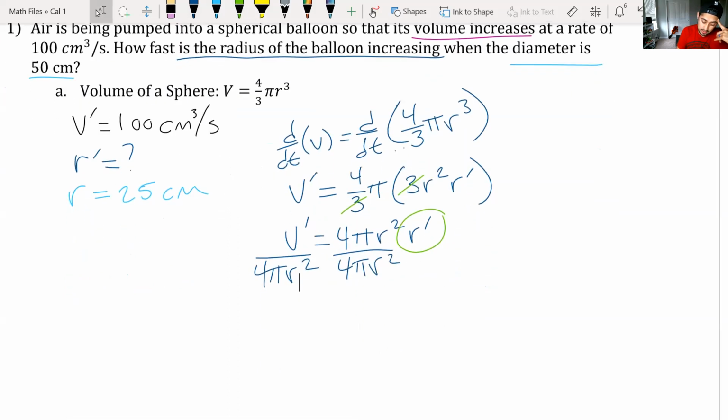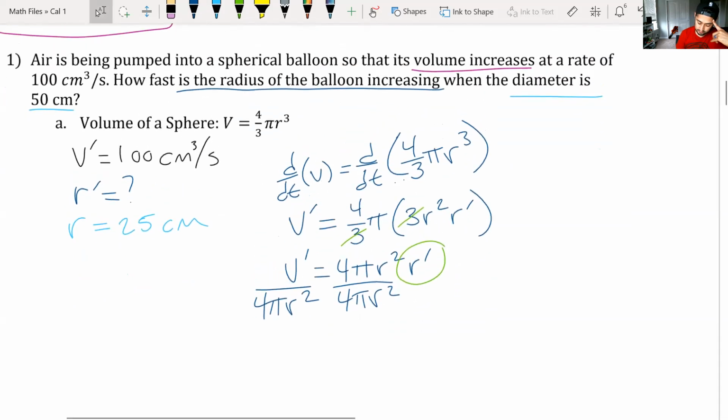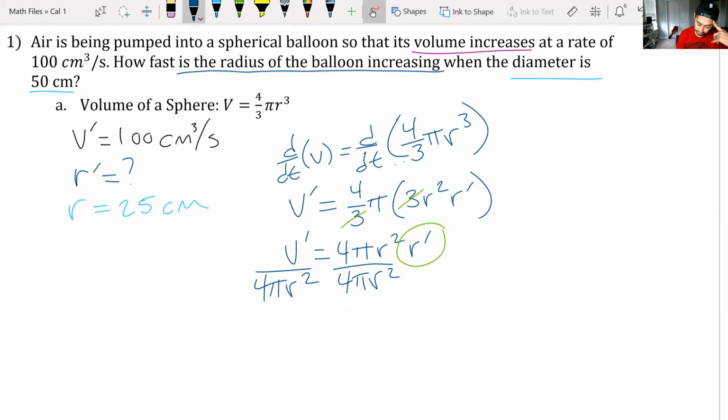Okay. And what we now have is that V prime over 4 pi r squared is equal to r prime. Okay, now we've taken the derivative implicitly.